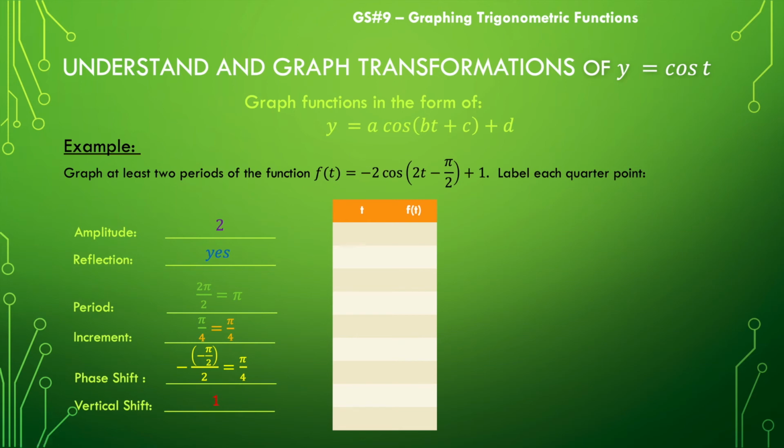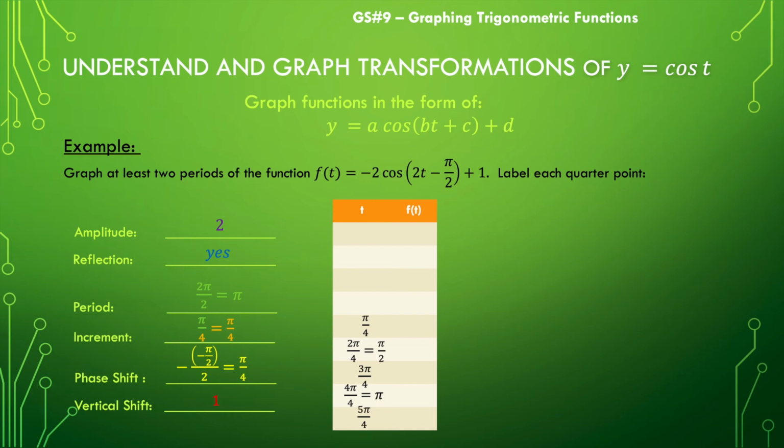All right, let's find our t values. We start at our phase shift, which is π over 4, and count by π over 4. So π over 4, 2π over 4, which is π over 2, 3π over 4, 4π over 4, which is π, and 5π over 4.